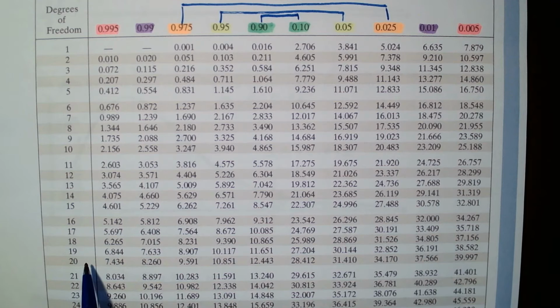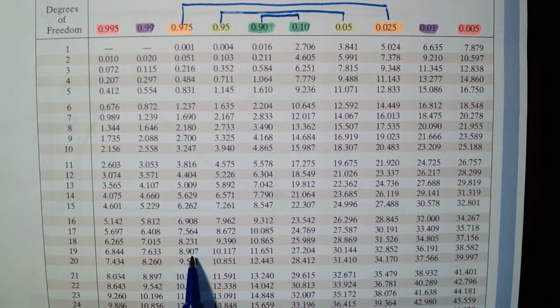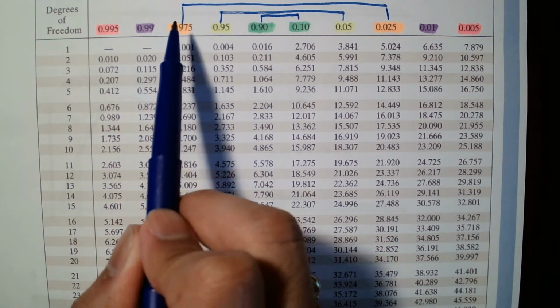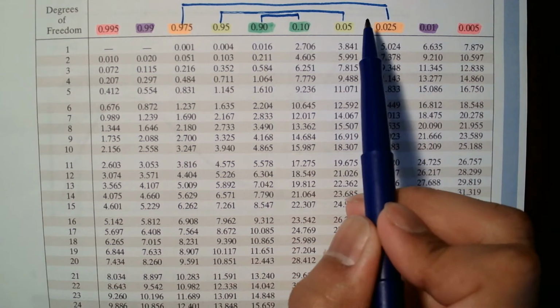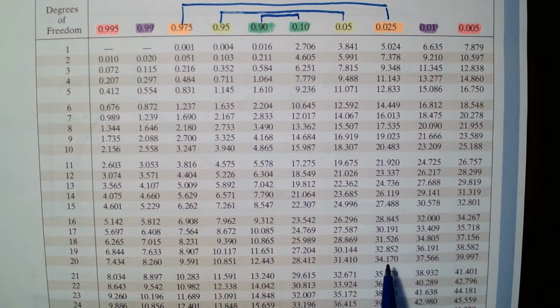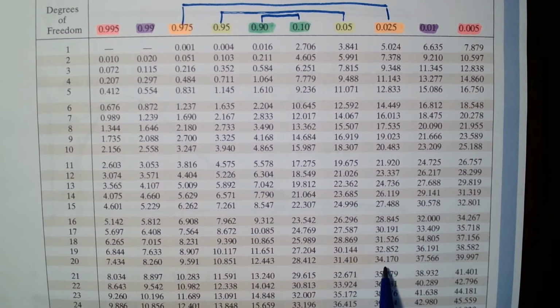The first one, from left to right, is the one for 0.975, which is 9.591, and the other orange one for 20 degrees of freedom is 34.170.